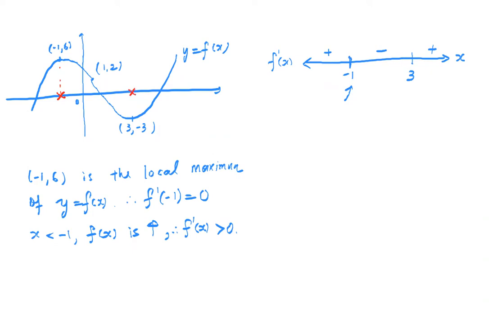You see? Clear? Okay, then I know that for x less than -1, it will be above the x-axis. Between -1 and 3, f prime x is negative, so it will be below the x-axis. Am I right? Okay, so that is how we analyze.